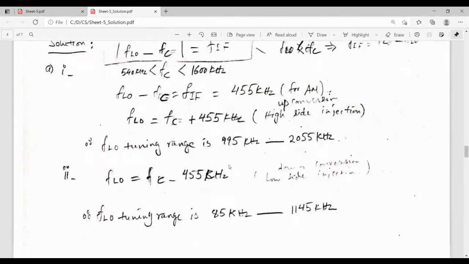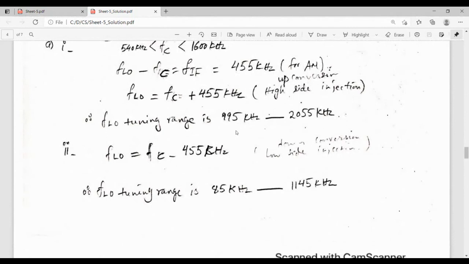This is up conversion. Therefore, FLO tuning range is 955 up to 2055 kilohertz, as you substitute the FC values. Then when FLO equals FC minus 455, the tuning range becomes 85 kilohertz to 1145 kilohertz.